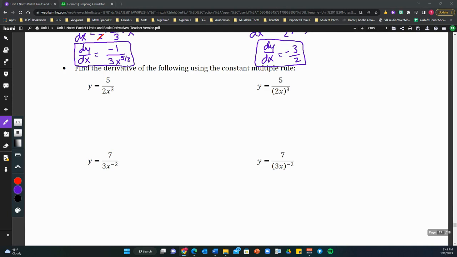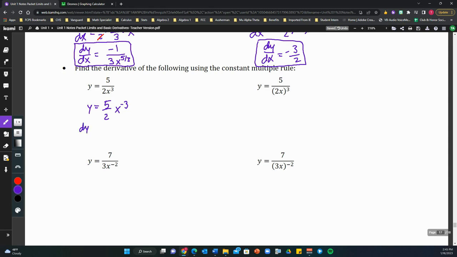This next batch of problems, they're going to operate in a similar way, but they represent a couple different variations, things that you guys want to be aware of when trying to do these problems. So for the first one, fairly straightforward. We have a fractional coefficient out in front, so I'm going to rewrite that with the 5/2 pulled out in front. But then x cubed is in the denominator, so when I move it up and isolate it, it's really x to the -3rd.